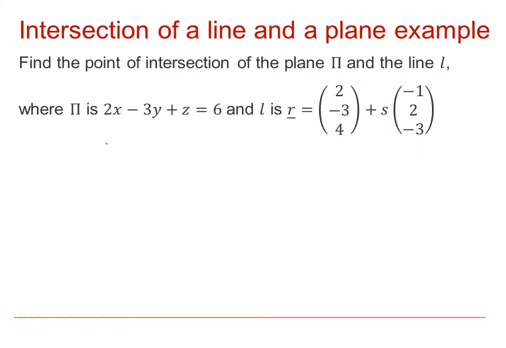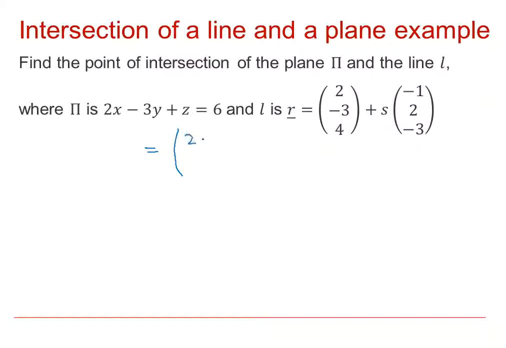So when we come to solve this question, I'm quite happy with the Cartesian plane, but if we look at the straight line, two things I'd like to do. The first thing would be to write this r equals a plus sb as a single column vector.